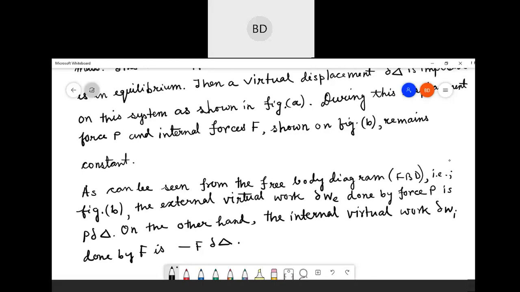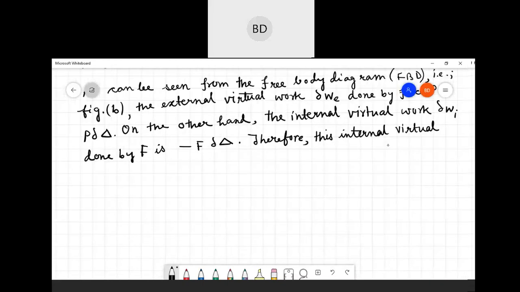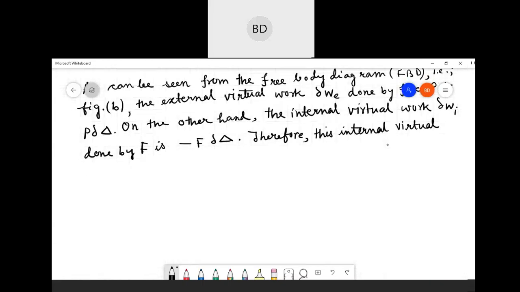Therefore, it is internal. Therefore, this internal partial work is negative.